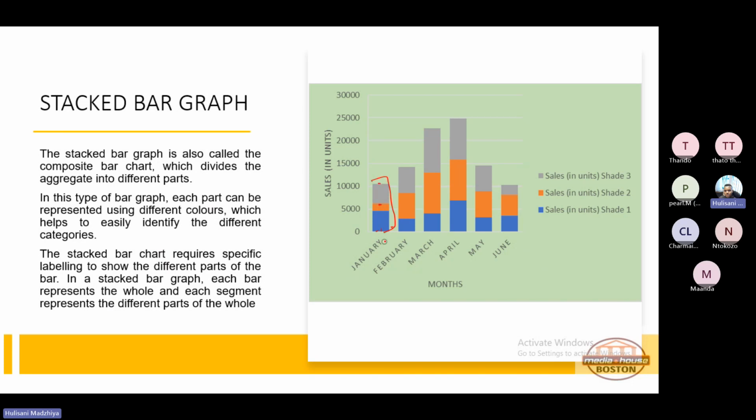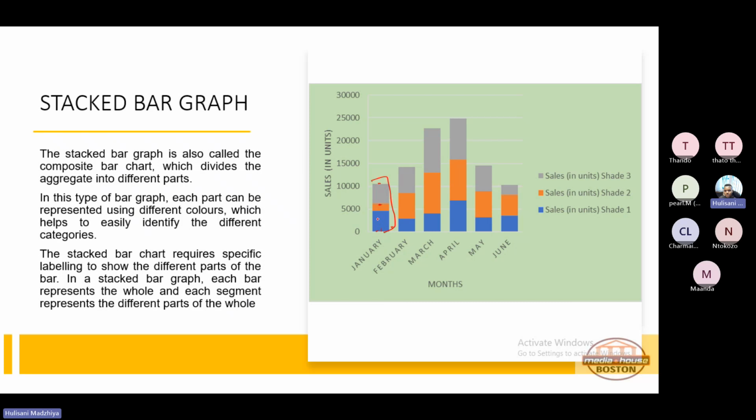So this one starts from the bottom, but it goes up to this point, and then this one goes up to this point. So when we read this data, this one will say that in January, the sales for sunglasses, which is shade 3, are 10,100, and then the sales for shade 2 are sitting at 7,000 or 6,000. The sales for shade 1 are sitting at 4,000.